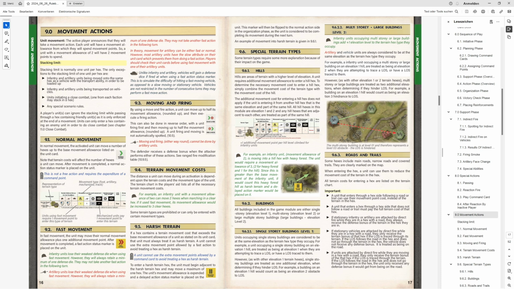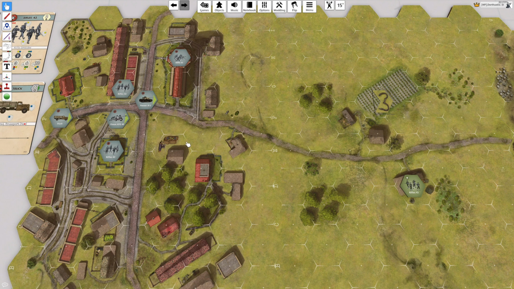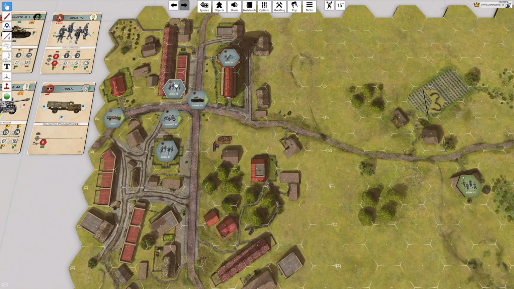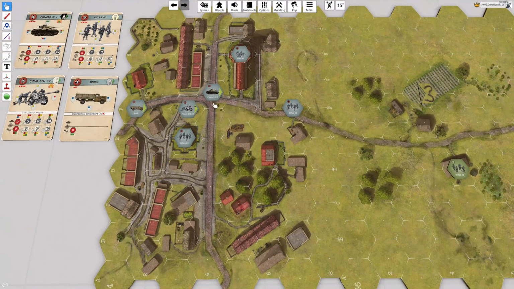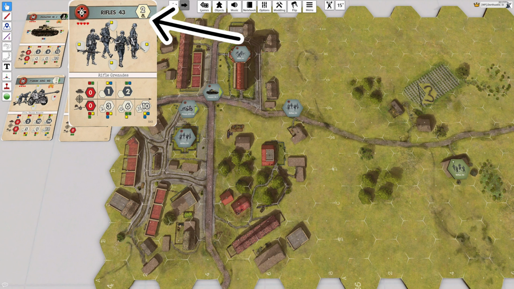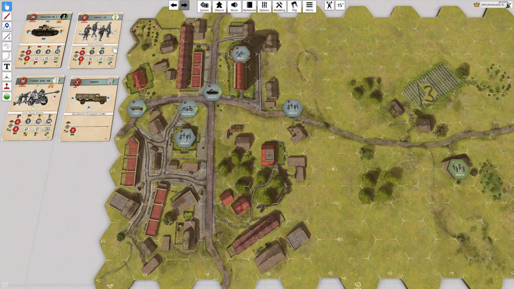So if we take a look, I want to take this rifle unit now and march along the road. I have to check the movement allowance, which is stated on the unit card in the upper right corner. This unit has 2 points of movement allowance, and you see the movement type. It is infantry with a feet symbol.